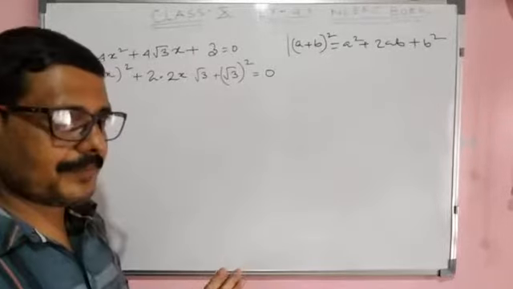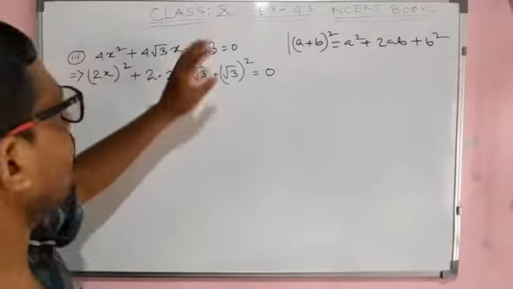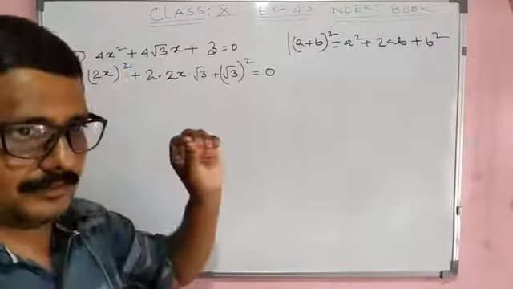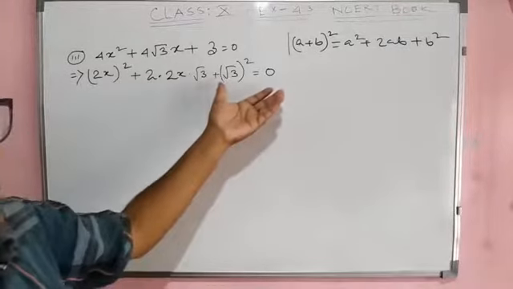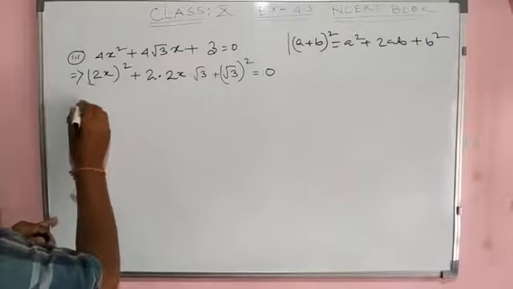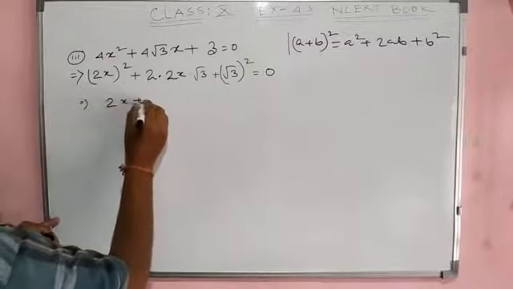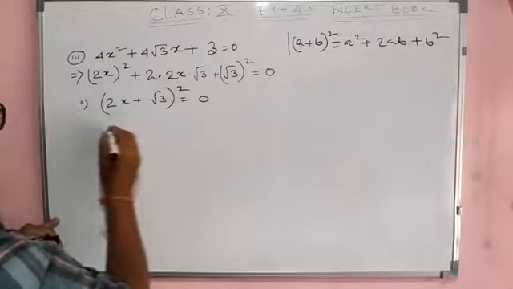Understood? Clear, everybody? I think you have understood. It is not mandatory that we have to divide or multiply by 4. Sometimes you can find the formula directly, so we apply it directly. Now this can be written as a plus b whole square equal to 0.